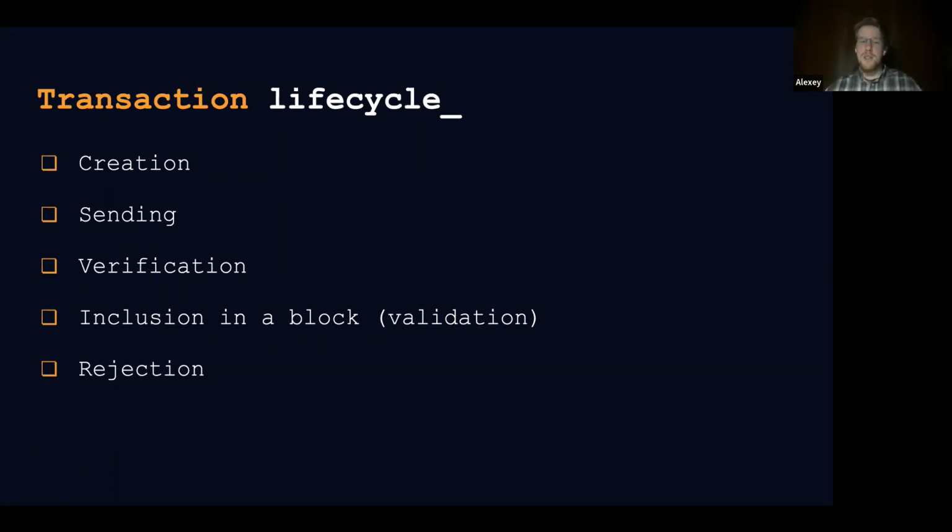Verification, which is done by the node to make sure that everything is correct, that this transaction is signed by the proper party, ideally that the address exists and so on. Just the basic necessary checks. And if the verification is complete, then the inclusion in a block happens.